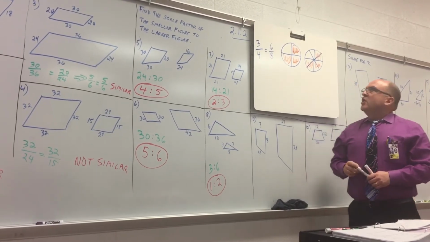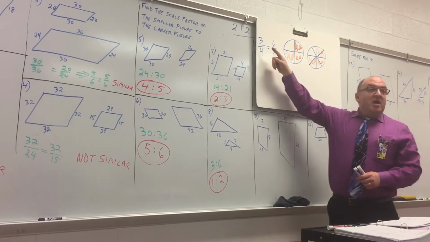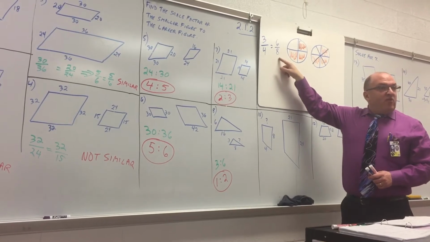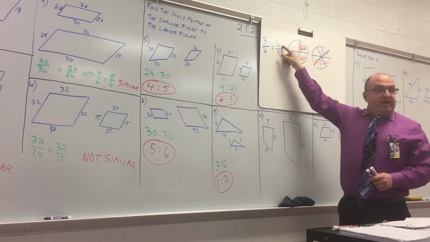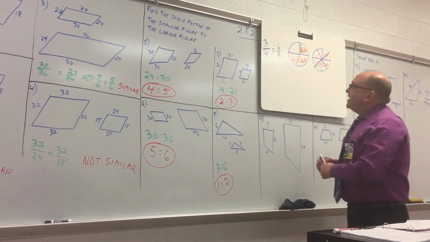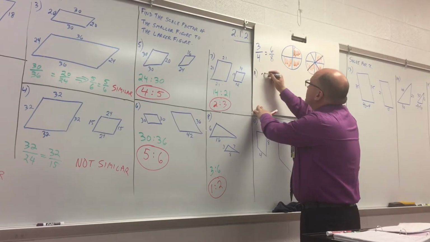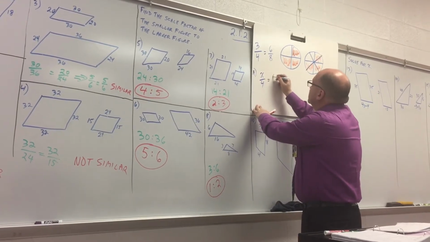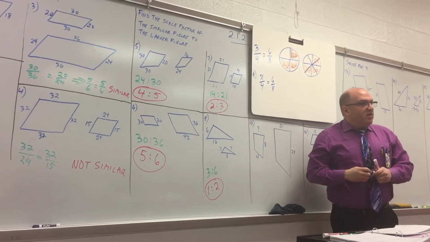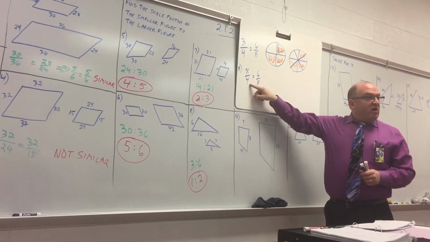If that's true, which it is, I can cross multiply and say 3 times 8, which is 24, equals 4 times 6, 24, right? So what if I said x over 4 equals 6 over 8? Here's what I want you to do. I want you to say 6 times 4 is 24.